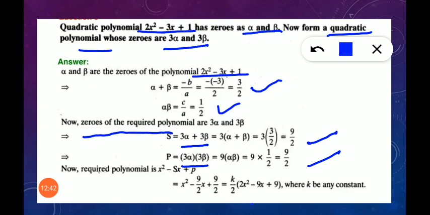We will put in values and we will solve. We will get it as k by 2, where k is any constant. If you will not write k, then also it is correct. 2x square minus 9x plus 9.